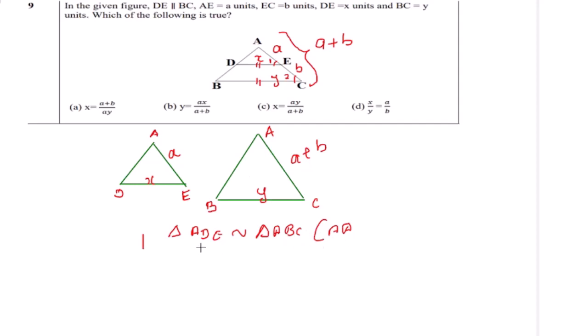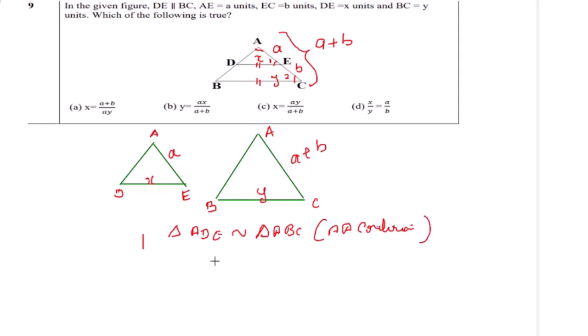In triangle ADE angle 1 and in triangle ABC angle 2, so angle 1 is equal to angle 2, corresponding angles are equal. And next one is angle A is equal to angle A, common. So by AA similarity we can prove that the 2 triangles are similar.